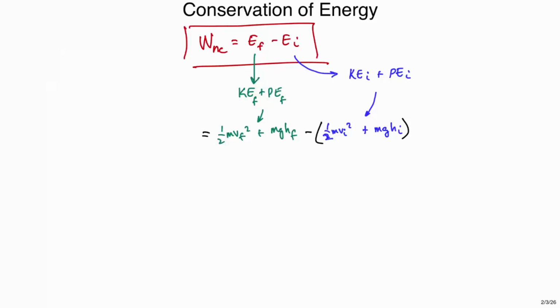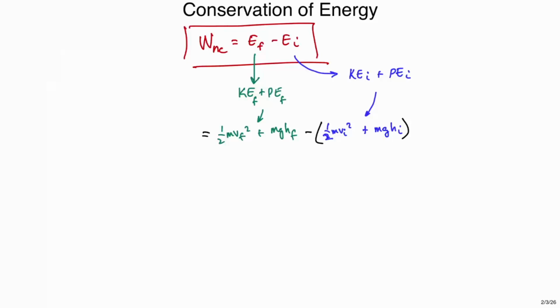Gravity doesn't care what the path is. In other words, if I take this ball and I just drop it, the amount of work done by gravity is exactly the same as if I throw it sideways. Do you remember how we did those examples where something was launched sideways and something was dropped and they both land at the same time, going the same speed because they were all accelerated the same? That's what we're talking about here. Gravity is a conservative force because it doesn't care if it's just dropped or launched sideways. You're going to get the same amount of work out of gravity. It's path independent.